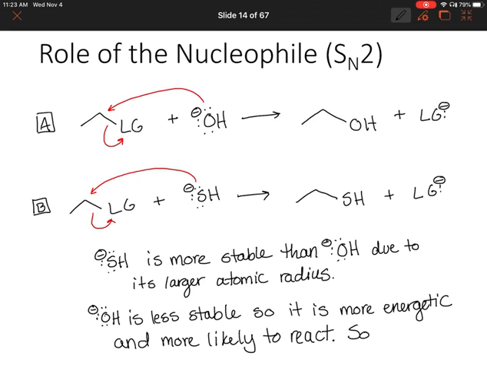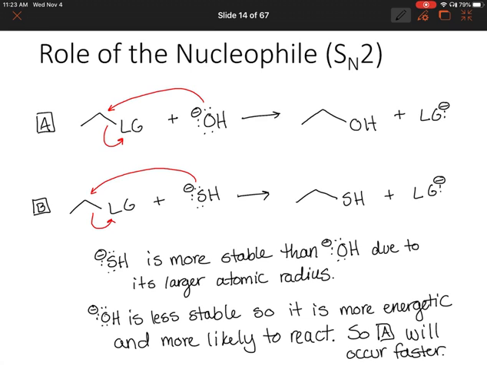So, which reaction is going to occur faster, A or B? A. So reaction A will occur faster.